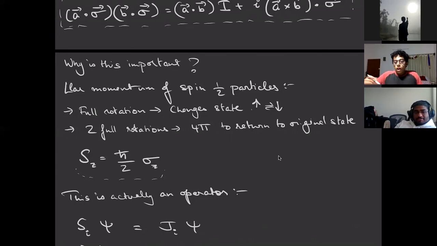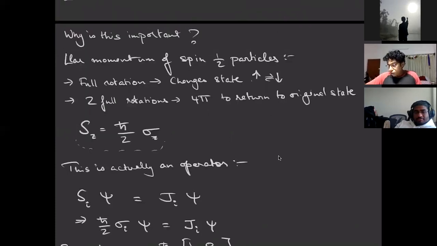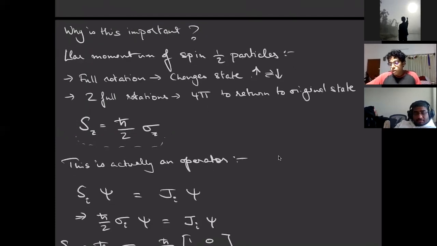So the spin in a particular direction is defined, the spin operator in quantum mechanics defined using your sigma matrices.